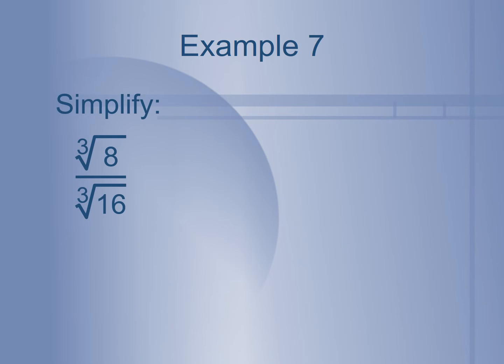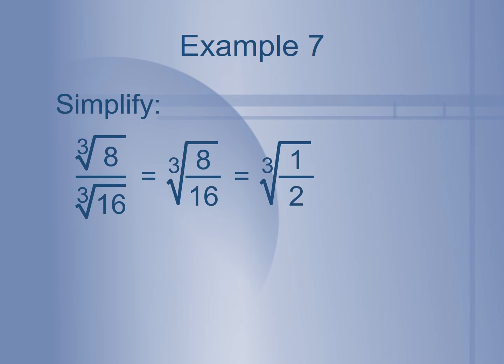Alright, so let's look at this. We have 3 roots of 8 over 3 roots of 16. So first we will rewrite this as 3 roots of 8 over 16, and then 8 over 16 reduces to 1 over 2. And then we'll rewrite, and so we have 3 roots of 1 over 3 roots of 2.